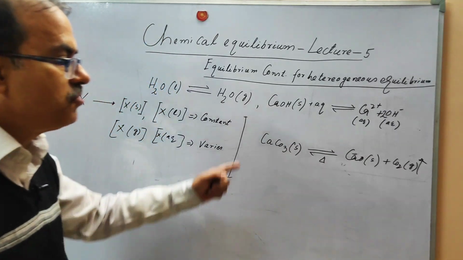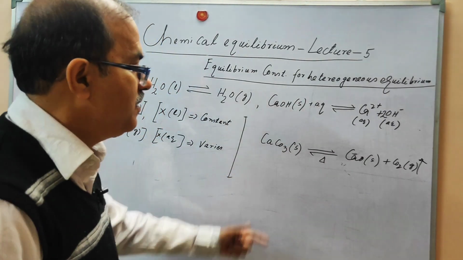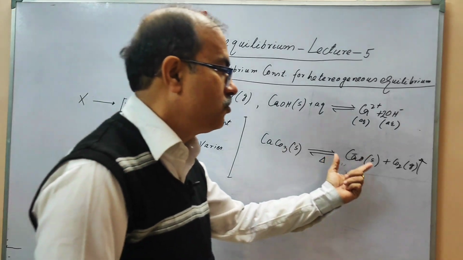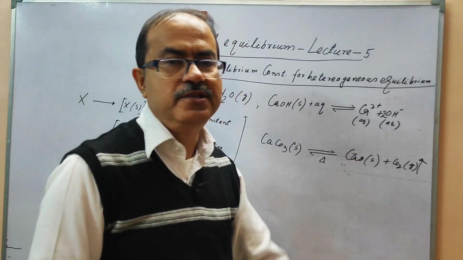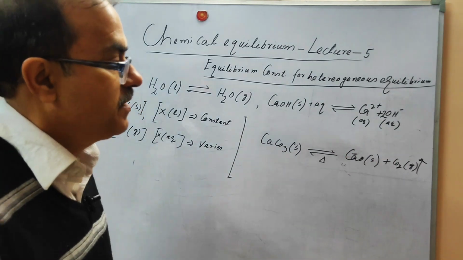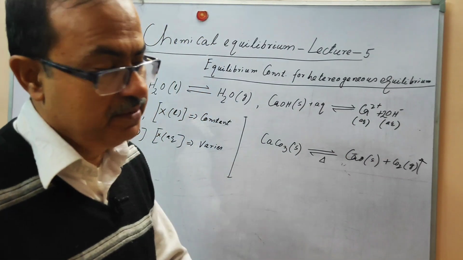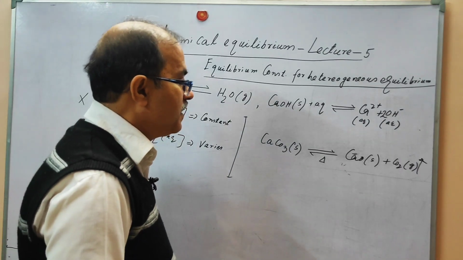So you can see this is also an example of heterogeneous equilibrium: calcium oxide in the solid state and carbon dioxide in the gaseous state. This reaction is carried out in a closed vessel.